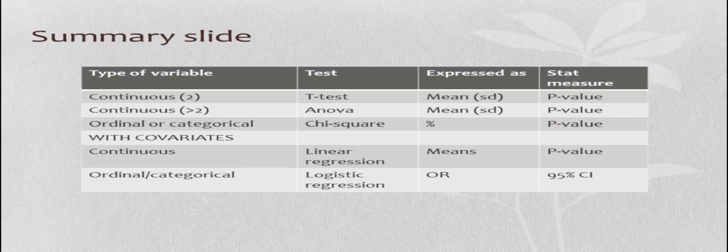And then if you do multivariate regression with covariates, you have 2 options. If your outcome variable is continuous, you can do it as a linear regression, and if your outcome variable is ordinal or categorical, you do it as a logistic regression. And the results are expressed as means or odds ratios, and the statistical measures are also there.